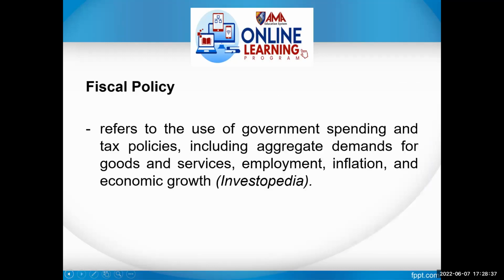So let's differentiate the monetary and fiscal policies. The main difference between the two is that monetary policy is being implemented by the central bank, while fiscal policy is headed or facilitated by the government.